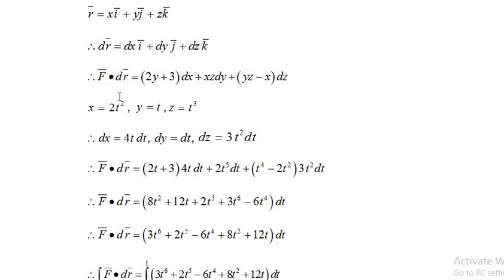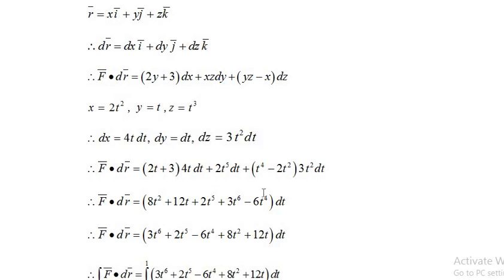And therefore, f bar dot dr bar equal to (2y plus 3) times dx, that is (2t plus 3) times 4t dt, plus x into z into dy. X into z is 2 into t to the power 5, dy is dt, plus (yz minus x) times dz.